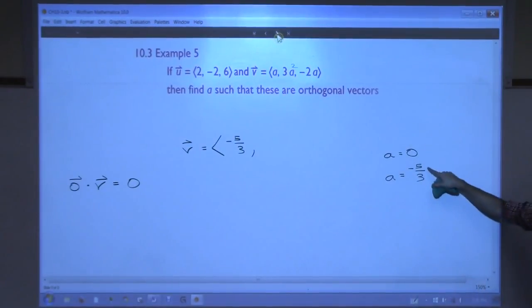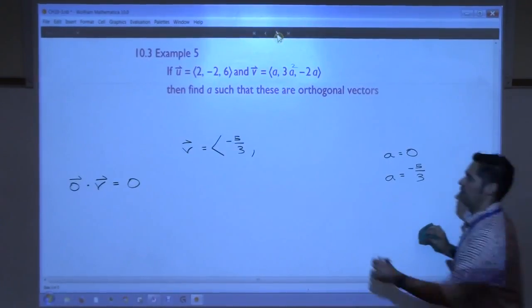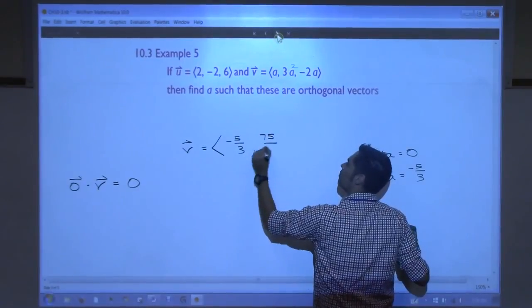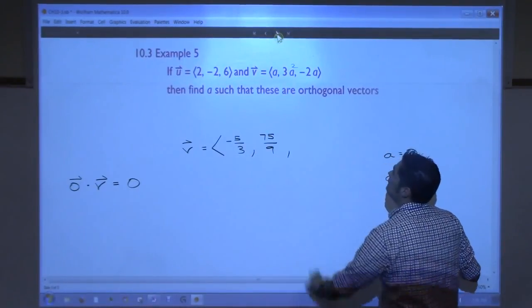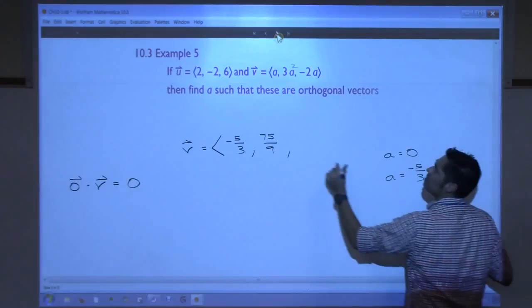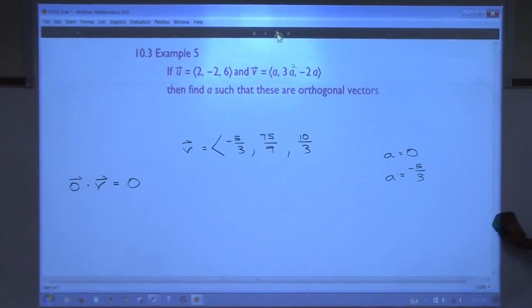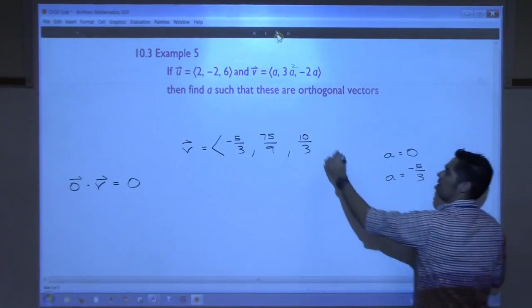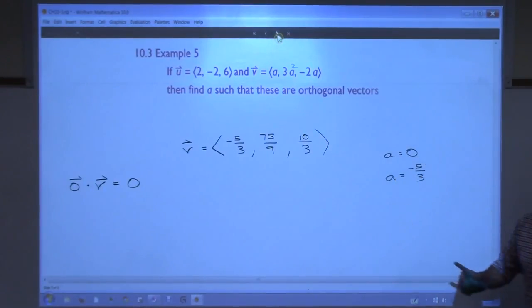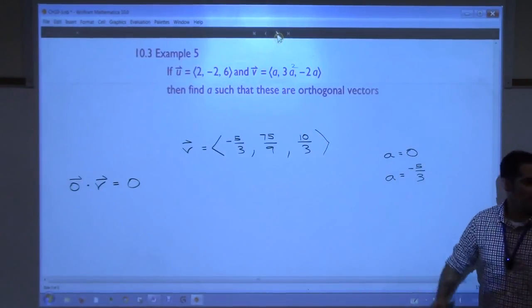So what's negative 5/3 squared? 25/9 times 3. 75/9. Which is, well, I'll just leave it 75/9. Who cares? We could reduce that, right? And then negative 2 times this, which is 10/3. Y'all with me? All right. What we are hoping for is that if I dot this with U, I should get 0, right?